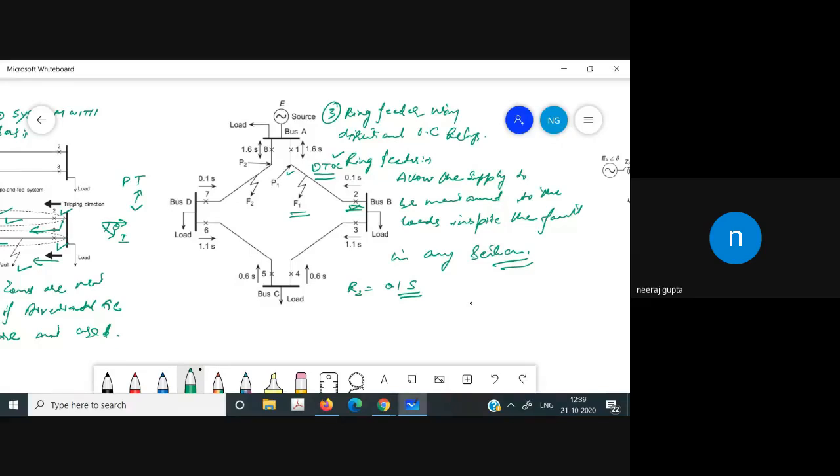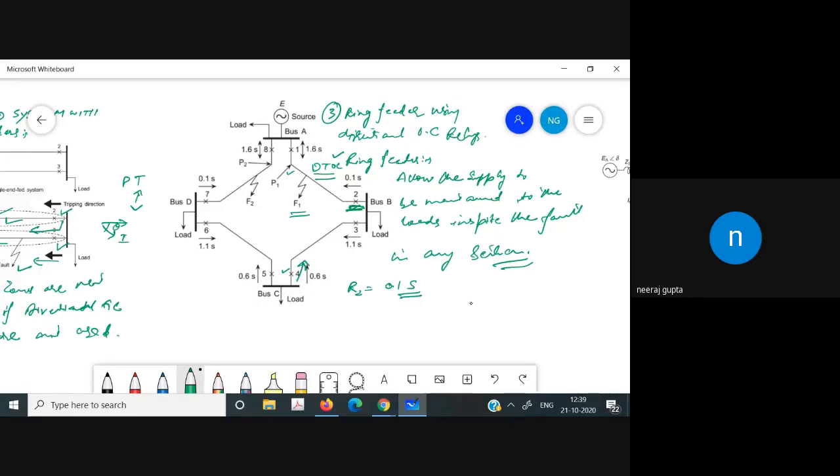Now the other relay, 4, is used as the backup protection. It is used as the backup for the relay 2, because what we have discussed in the previous example is that the desired zones are created only if the power is flowing away from the bus.